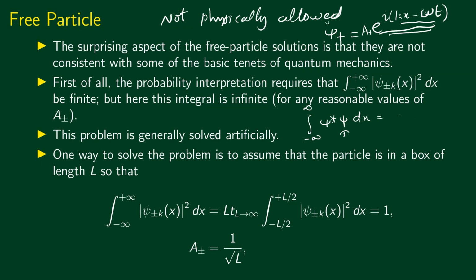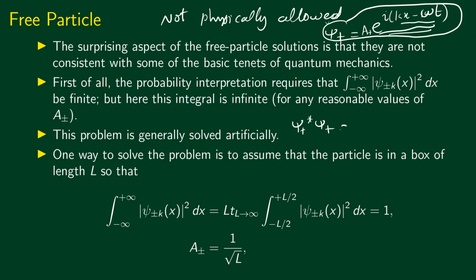Normalizing the wave function is important for the probability interpretation because for a normalized wave function, we would have the integral from minus infinity to infinity of psi star psi dx equal to 1, which means that the total probability will add up to 1. But if we take the momentum eigenfunction psi plus equal to A plus exponential i(kx minus omega t), we see that psi plus star psi plus will become simply A plus.